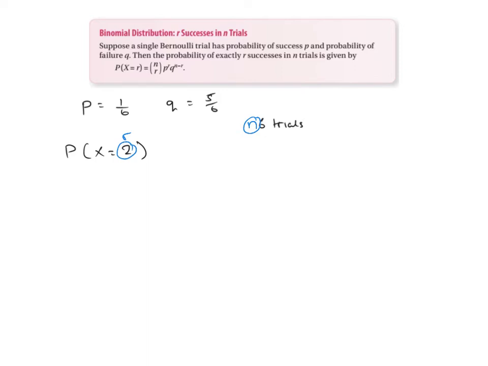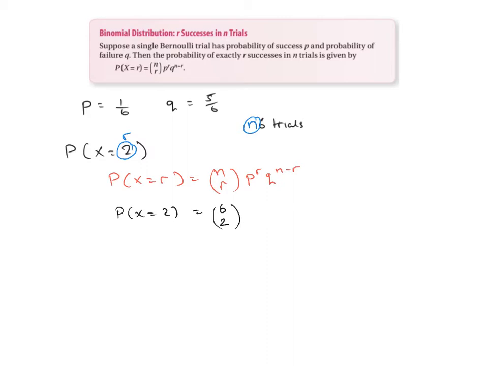So I'm just going to quickly rewrite the formula. What we have is P of x equals r is equal to n choose r, p to the power of r, q to the n minus r. So just stick in the numbers. The probability of x is equal to 2, i.e. I want 2 successes, is equal to n choose r, my n is equal to 6, there are 6 trials, I want 2 successes.